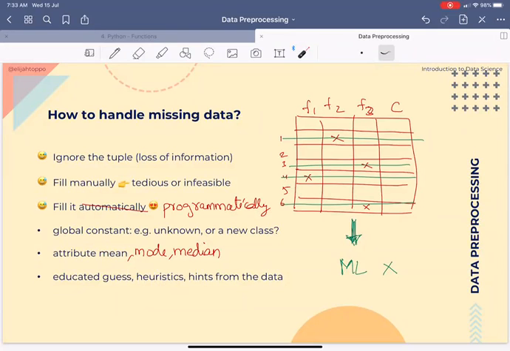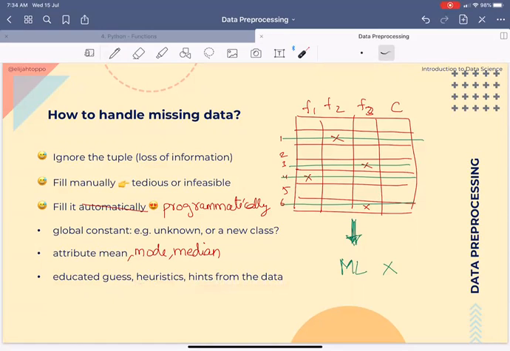Someone not from this domain may not know what value to fill, but someone who has worked with this for multiple years knows that normally 50 hertz is not exactly right, because the frequency keeps changing between maybe 48, 50, 51, 52. But 50 is a very good estimate that we can fill it with. That is where heuristics come in. And other things, maybe hints from the data and so on. So these are several ways where we could fill missing data depending upon different scenarios.